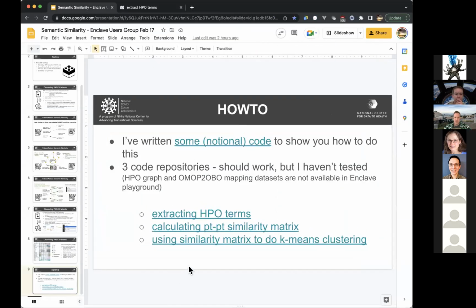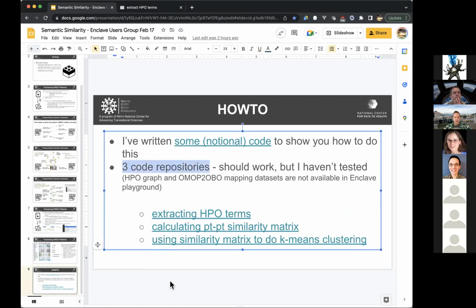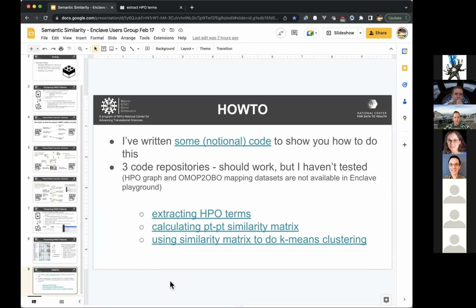Like I said before, there are 3 steps here and 3 Lego pieces that you can plug into your own analysis, and I made a code repository for each of those. I won't get up on a soapbox too much, but code repositories are a far superior way of developing code in the enclave.